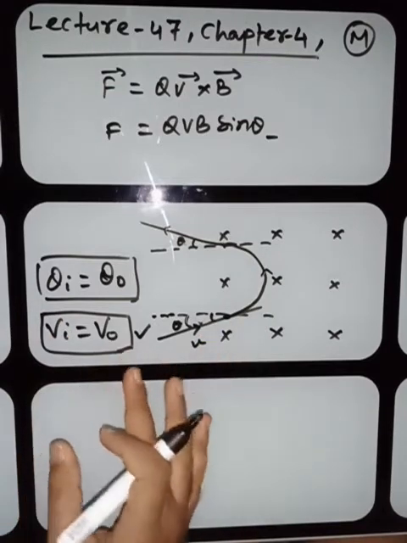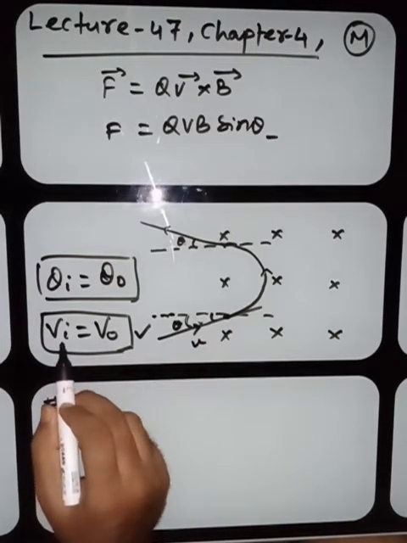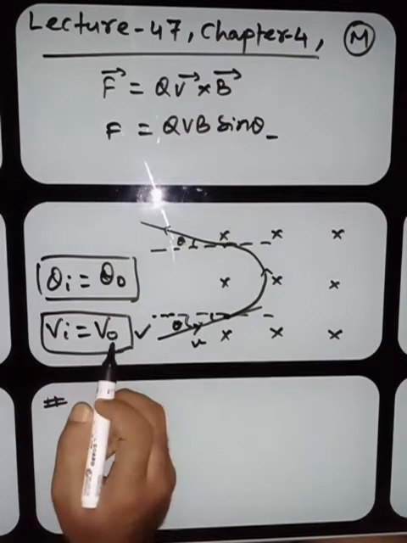Now we are going to prove that the speed with which any charged particle enters the magnetic field, it leaves with the same speed.